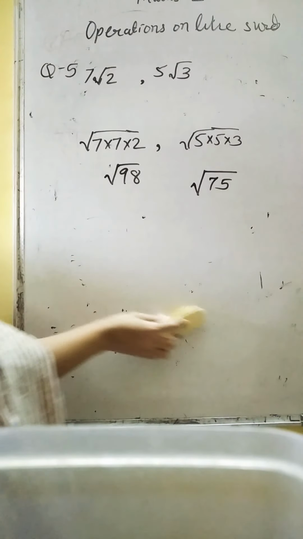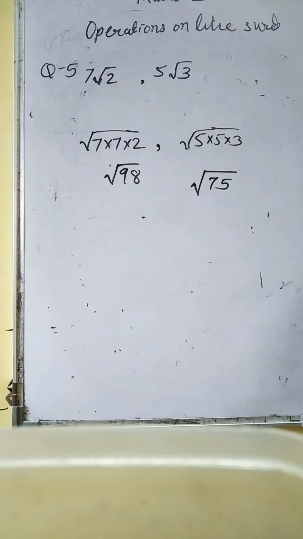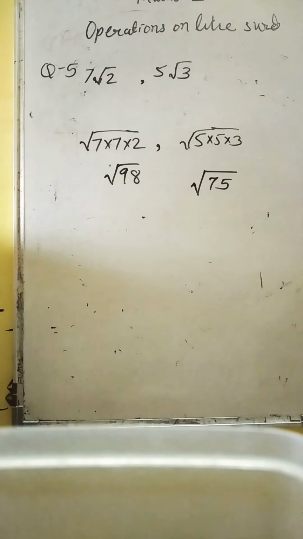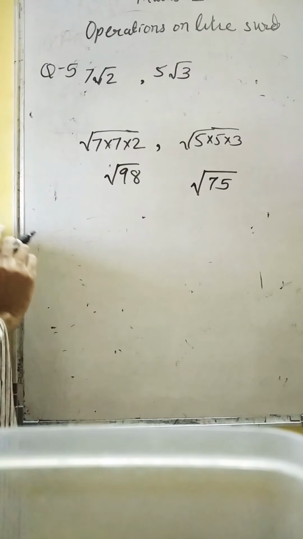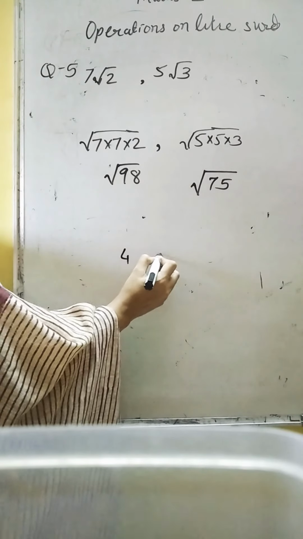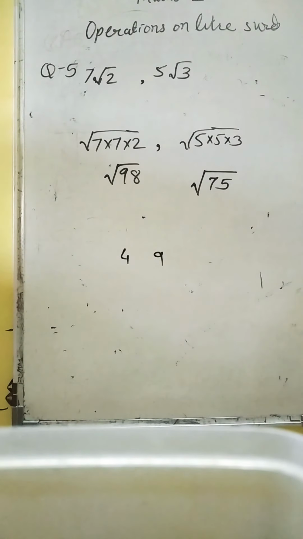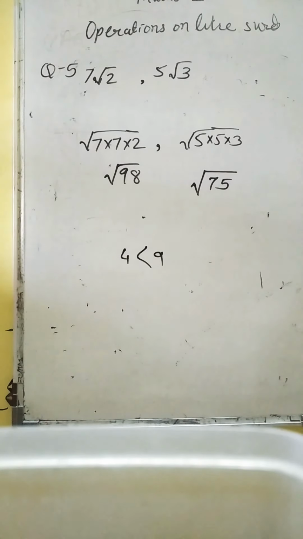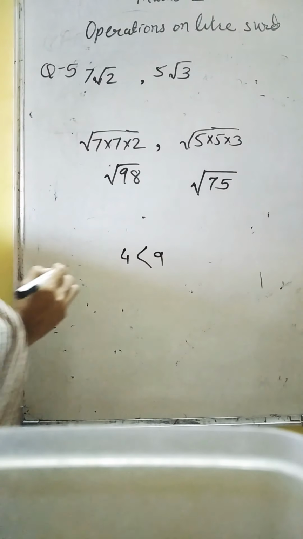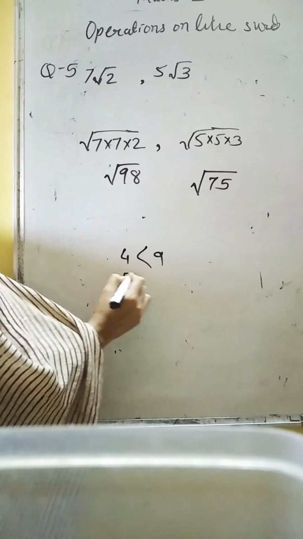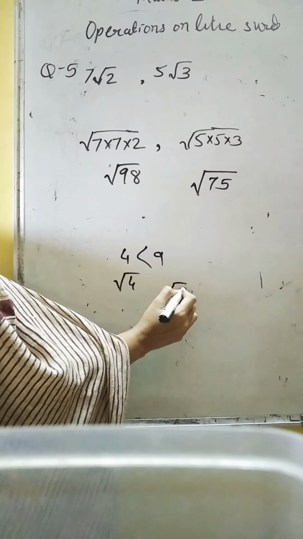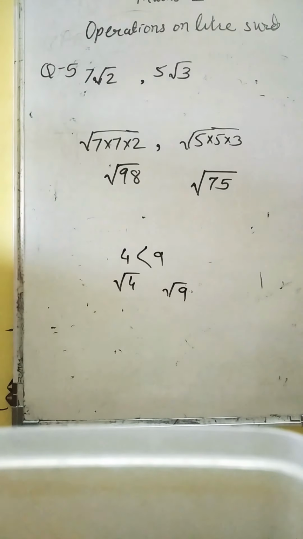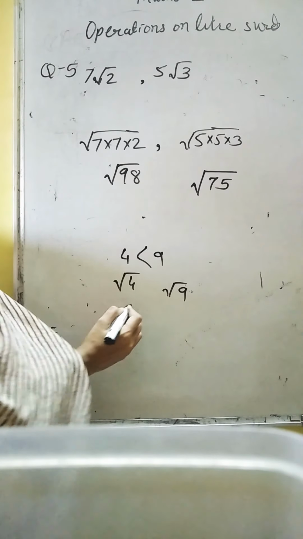Any doubts still here? Now children, just tell me one thing. What is the relationship between 4 and 9? 4 is smaller than 9. Correct? Observe this. Now tell me what is the square root of 4? 2.